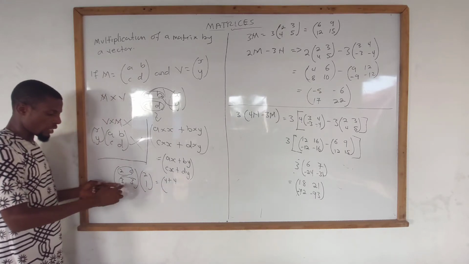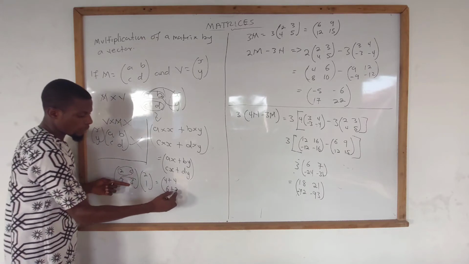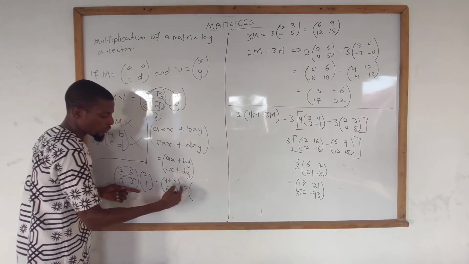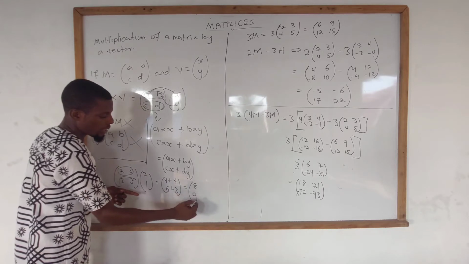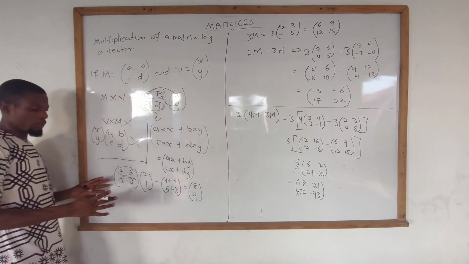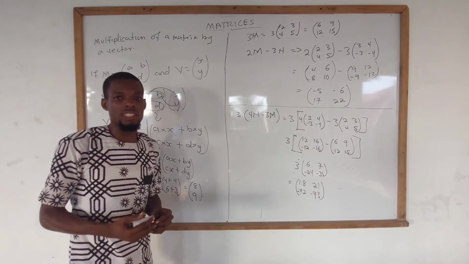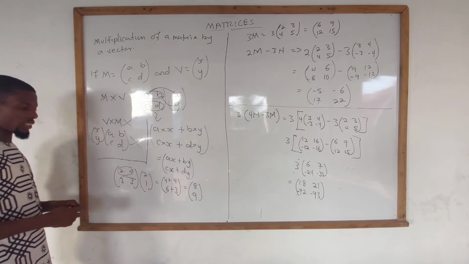Then you come down. Now 3 times 2, that will be 6, plus 3 times 1, that will be 3. So the final answer is going to be 4 plus 4 is 8, and then 6 plus 3 is 9. So whenever you multiply a matrix and a vector, the resulting answer becomes a vector. Okay?